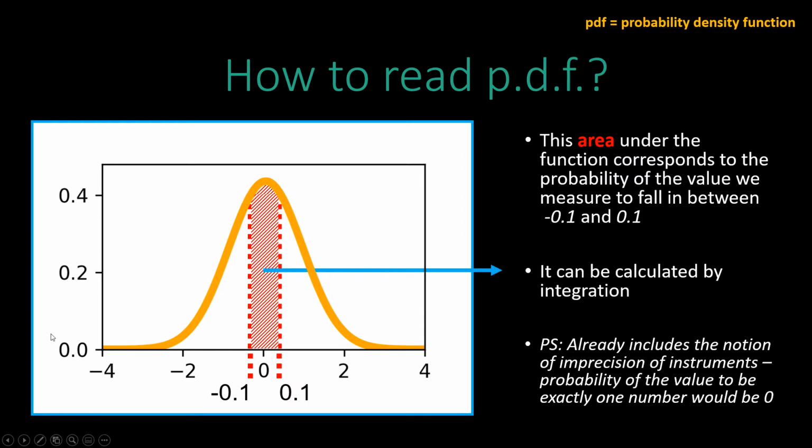How can we read that? Well, there is some maths definition here. Basically, when you look at some interval, from minus 0.1 to plus 0.1, sorry, this interval, then the probability of you getting a number between these two is equal to the area of this region, which later in maths can be calculated by integration.